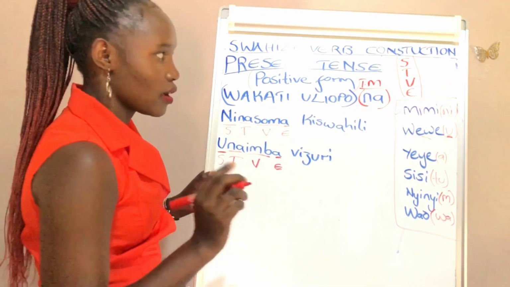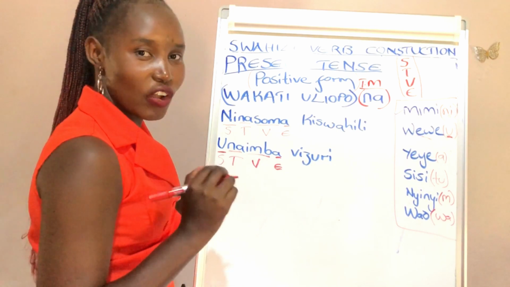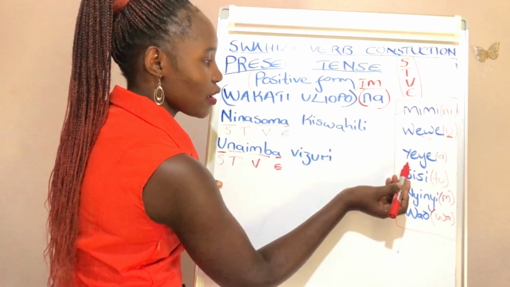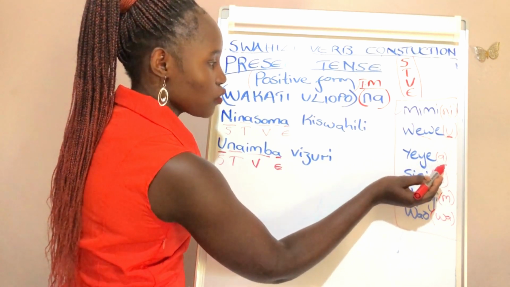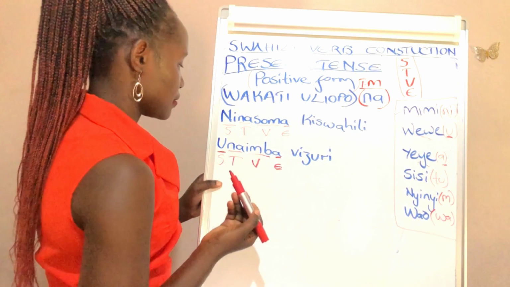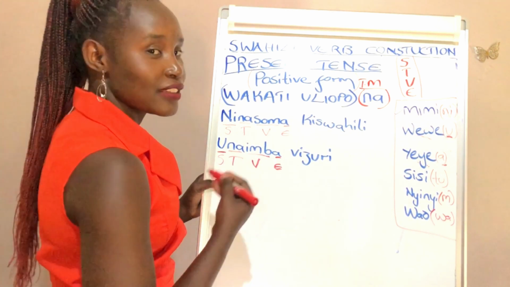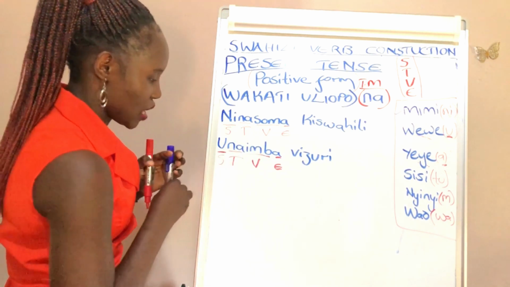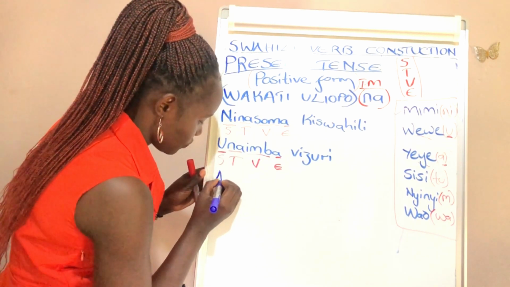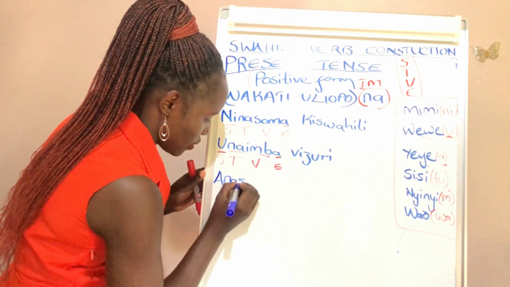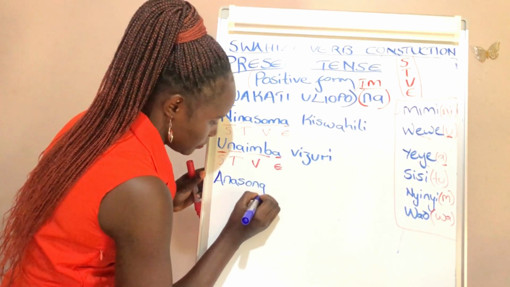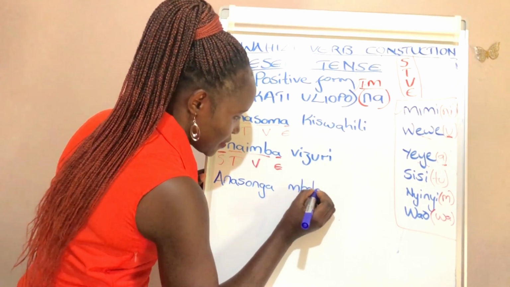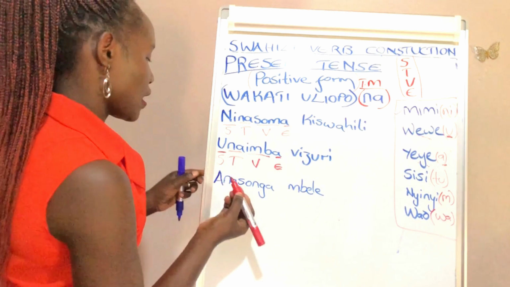We go to our third verb, which was songa. So let's use the subject prefix a for personal pronoun yeye. We can say anasonga mbele. This is interesting. Anasonga mbele.